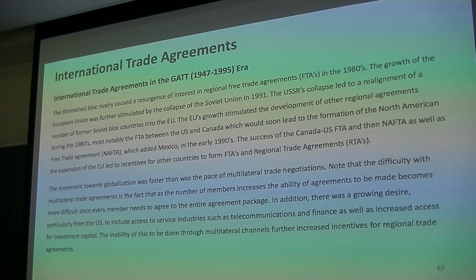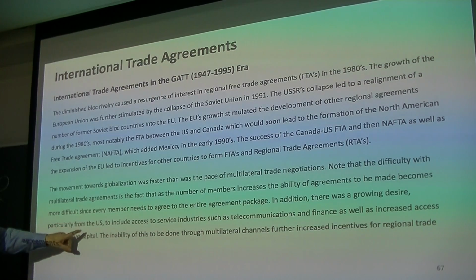But the problem with big multilateral trade agreements is that everybody has to agree. The more parties you get to the agreement, the more difficult it is. When you have more than 100 countries in an agreement, if one member doesn't agree, there's no agreement. So negotiating these types of agreements became very difficult.